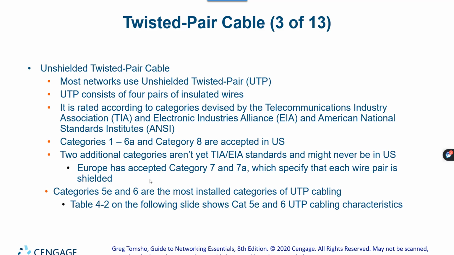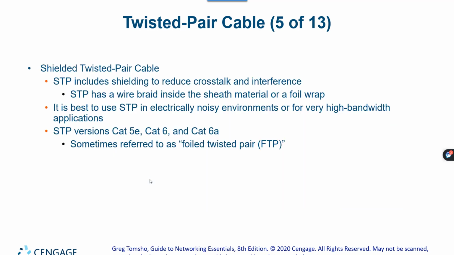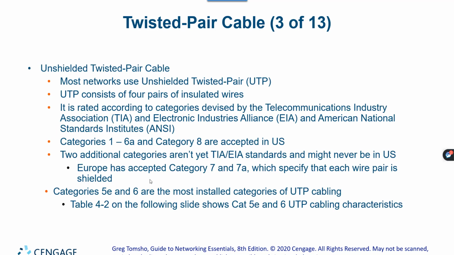Categories 5E, E stands for enhanced, and 6 are the most installed categories of unshielded twisted pair. Okay, so we have a table on the following slide.